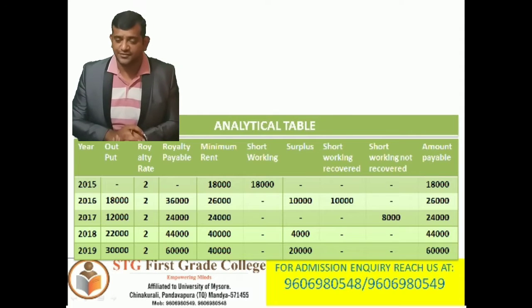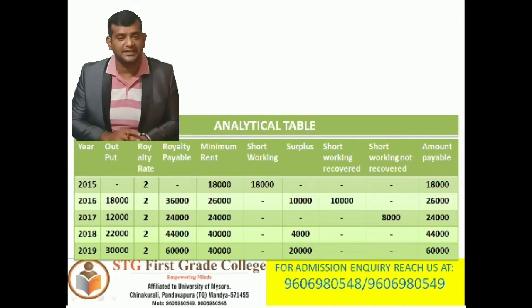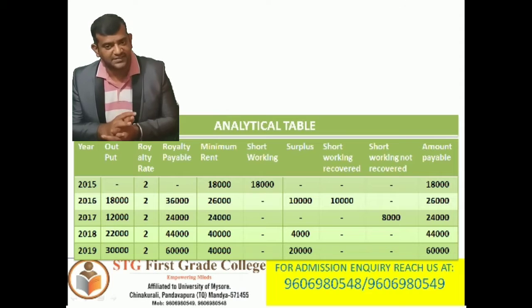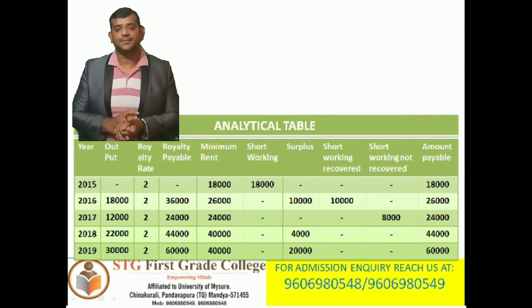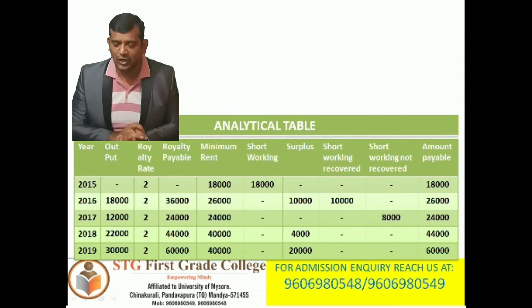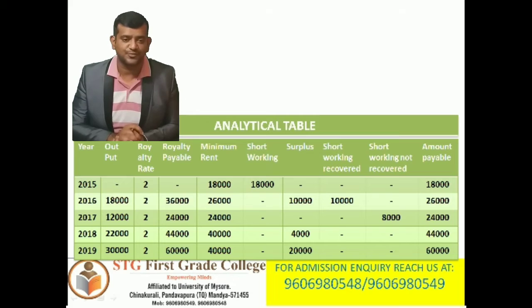So there is no short working because royalty payable is greater than the minimum rent. So how much is the excess? 36,000 minus 26,000, 10,000 is the surplus. So short working recovered 10,000. Short working not recovered nil. So amount payable 26,000 rupees.